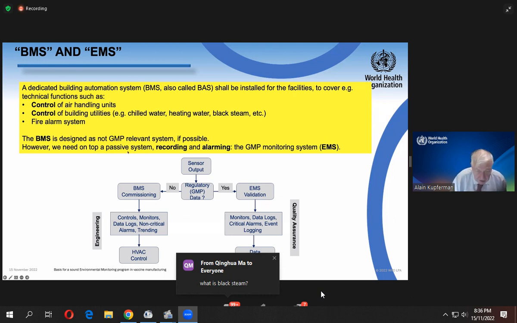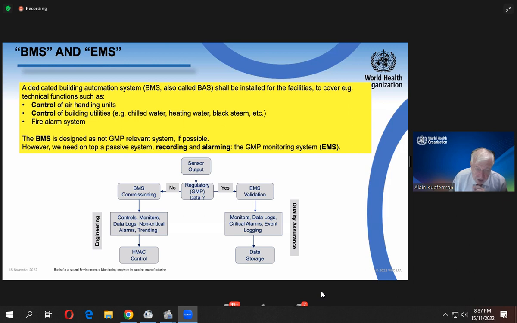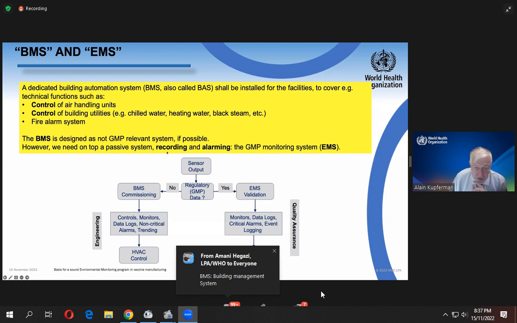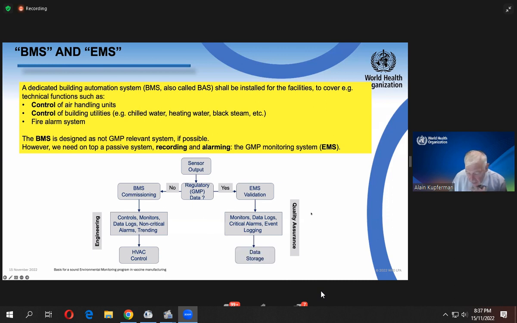And this is in fact engineering. But we must have, as a pharmaceutical company, what we call an EMS, an environmental monitoring system. And this one is passive. It records an alarm. Of course, this one can also give alarm. But this is what I use as a pharmacist, as my QA, etc., to decide if my batch is good.